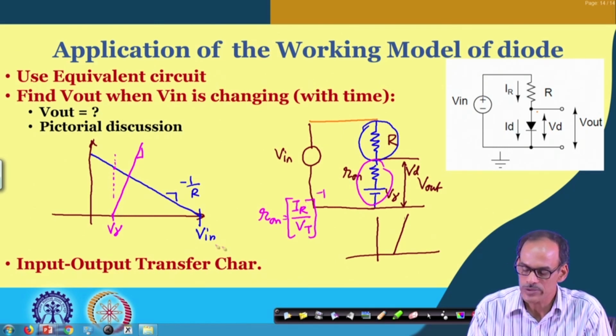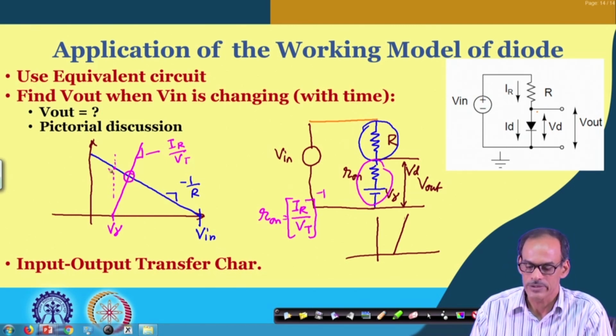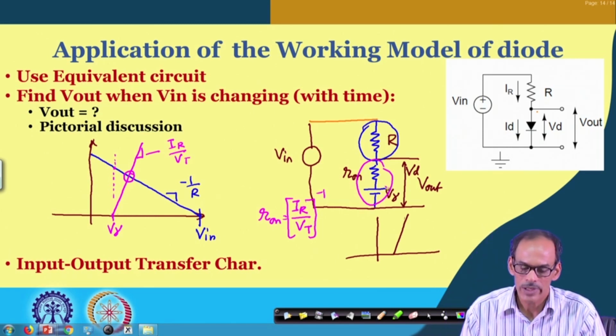So, that gives you the slope here. If you know this point and this slope, then you can find the intersection point of the two linear lines. That is how this equivalent circuit can be used.